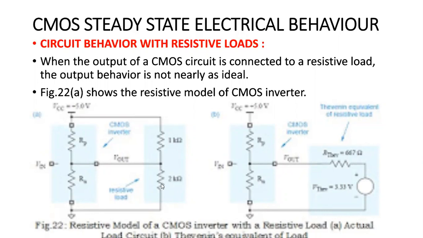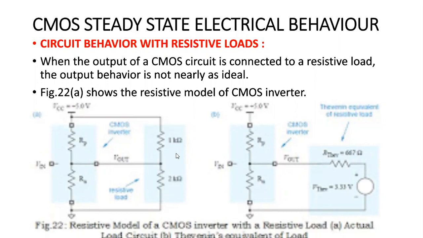Similarly, how can we get the Thevenin's voltage? It is the voltage across this 2 kilo ohm resistor. The supply voltage is 5 volts, so the voltage across this resistor is 5 into 2k divided by the total resistance, 1k plus 2k.